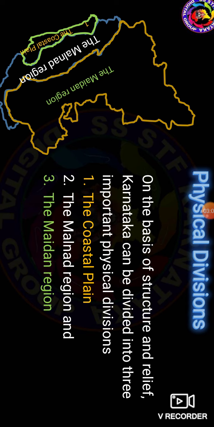The first is the coastal plains, the Malnad region, and the Maidan region. At the first the coastal plain, second the Malnad region, and third the Maidan region.